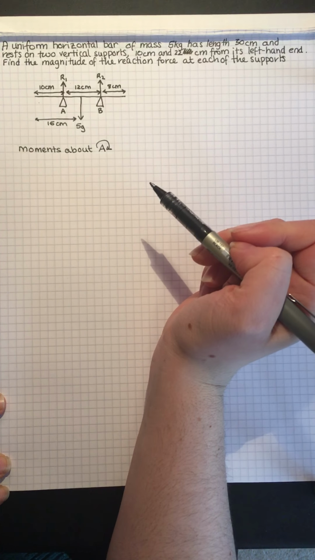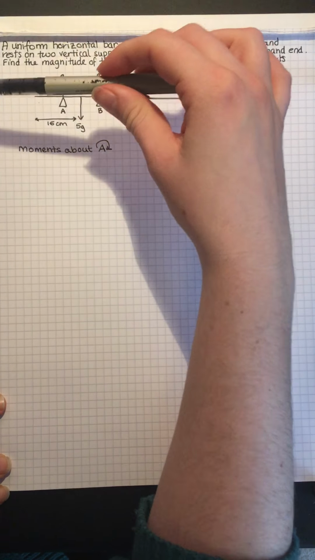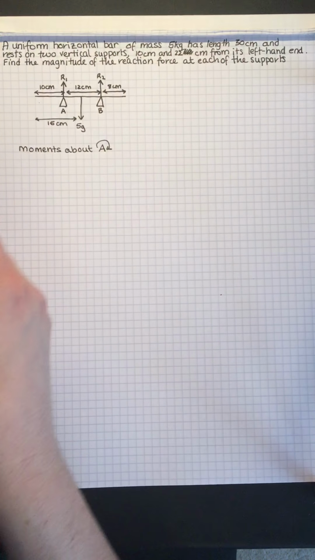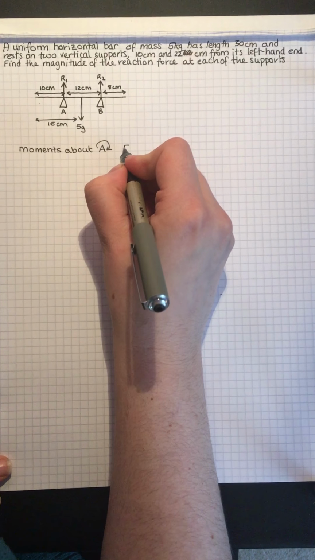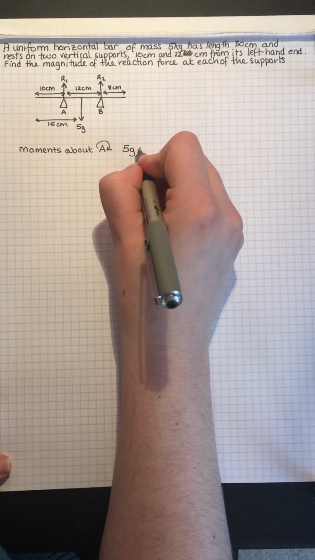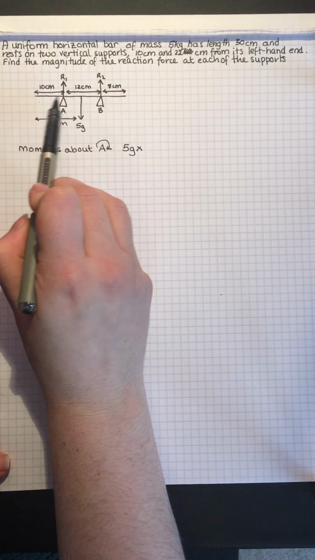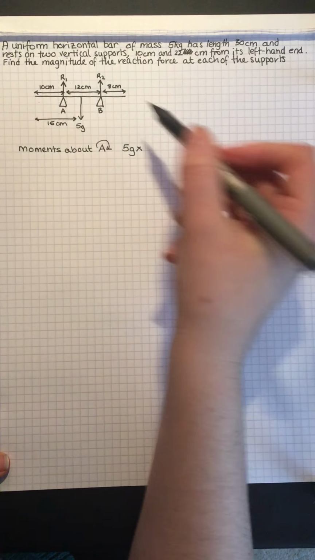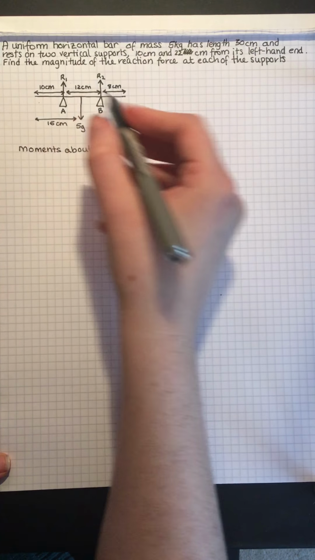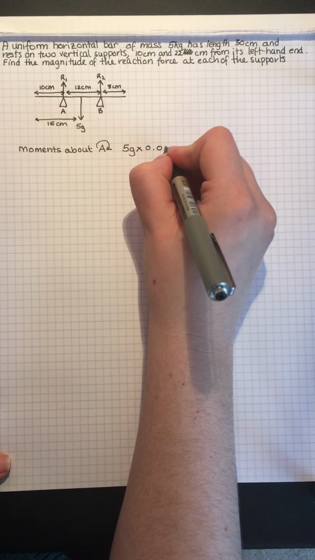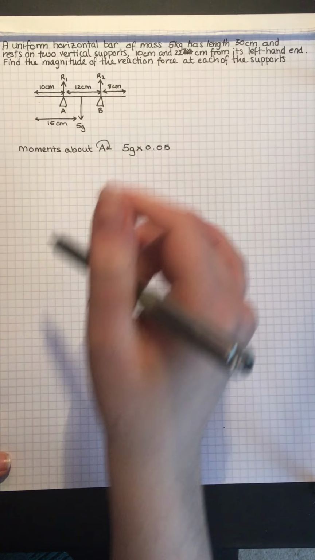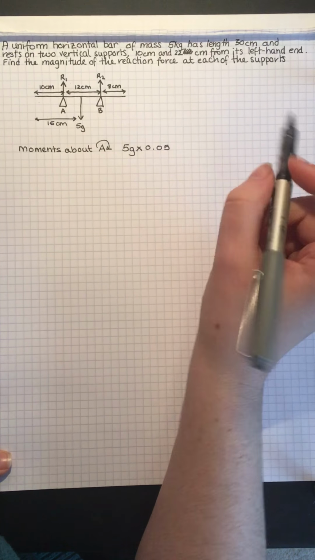Now 5g is going to give a clockwise moment, because if we were to hold it at A, that's going to go down that way, clockwise. So we have the force, 5g, times the distance. The distance is going to be 5 centimeters: if that's 10, it's 15 centimeters along altogether, so that's 5 centimeters, so 0.05, just changing our distances into meters to keep our units nice.